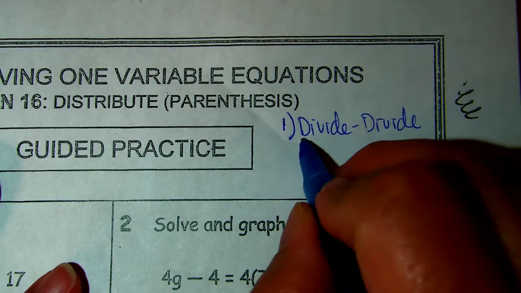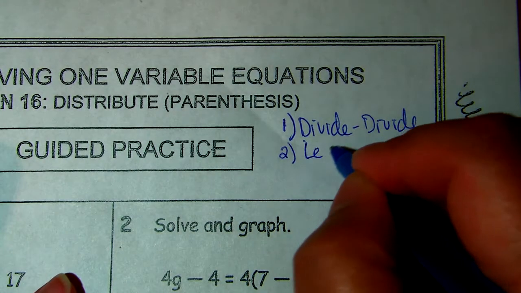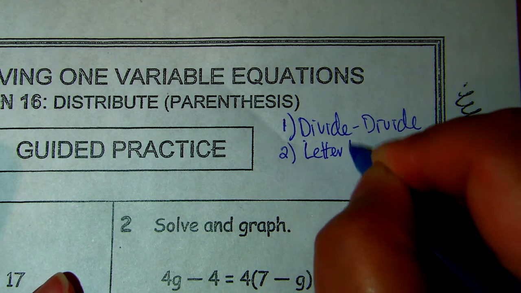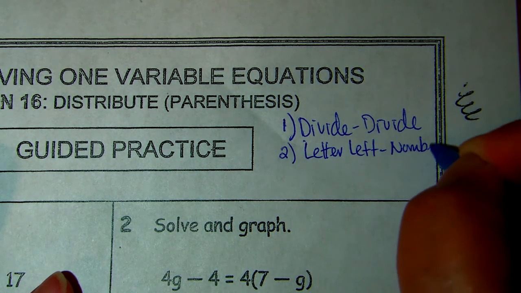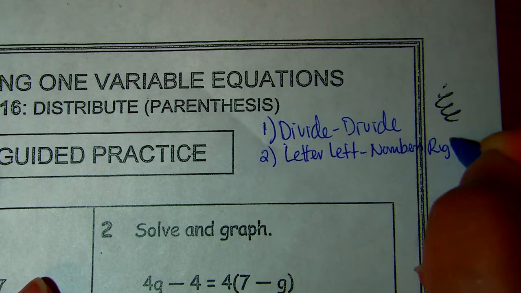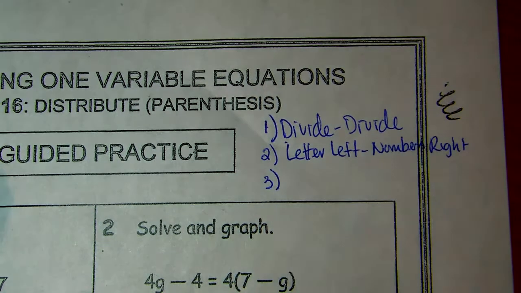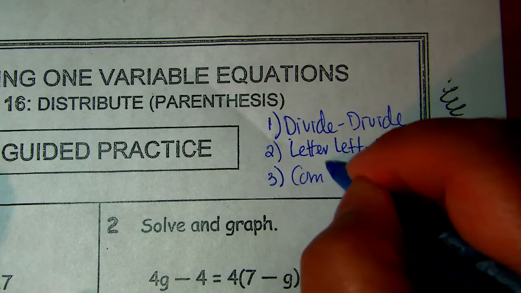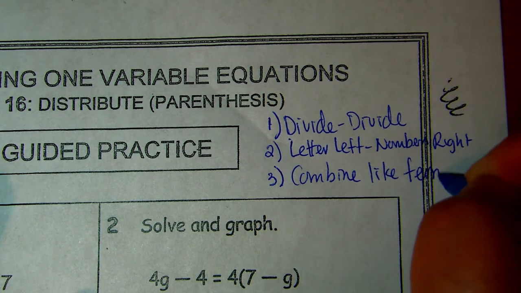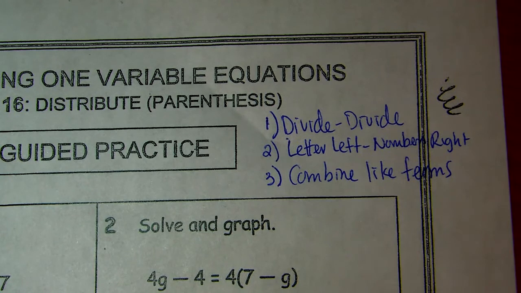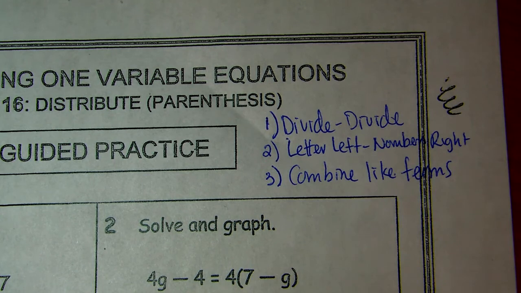And then we did letters to the left, numbers to the right. And then we did combine like terms. Alright? So we've covered these skills so far in solving for one variable.